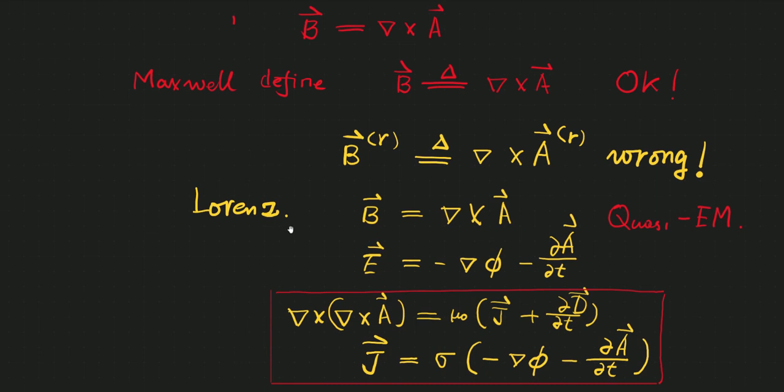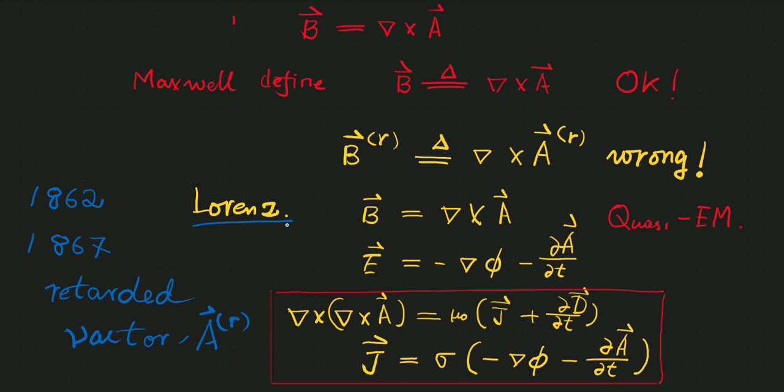Maxwell introduced the Maxwell equations, and Lorentz, five years later, introduced the retarded vector potential.